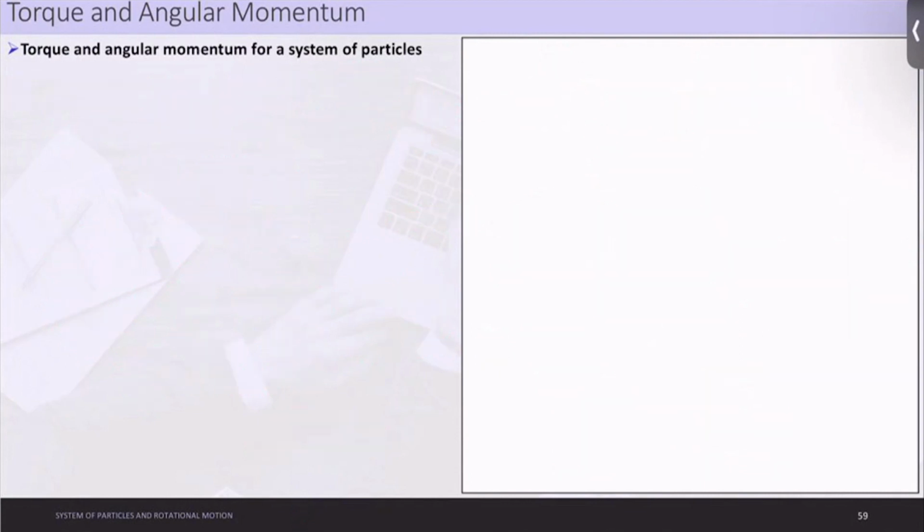First of all, let me explain this again. What does this dL by dt equal to tau external give you?